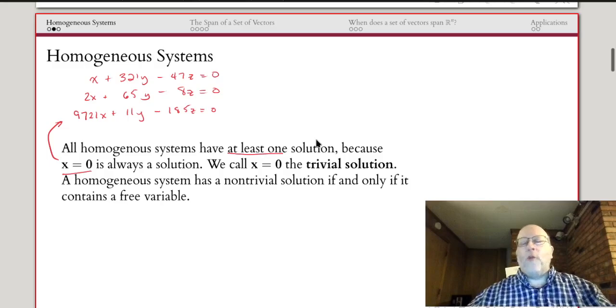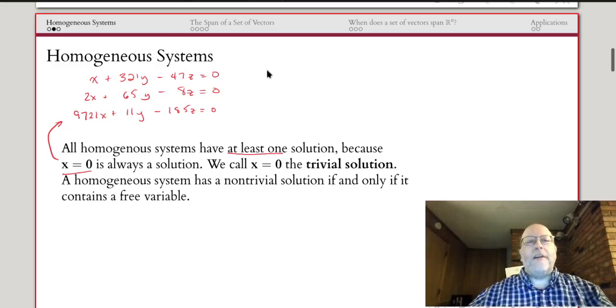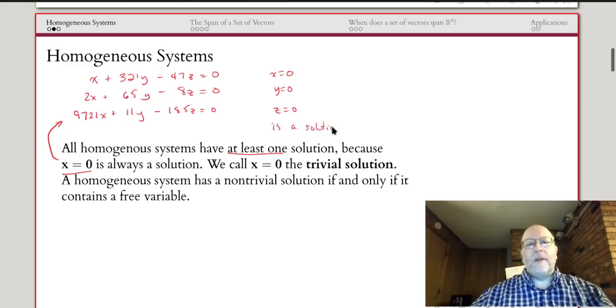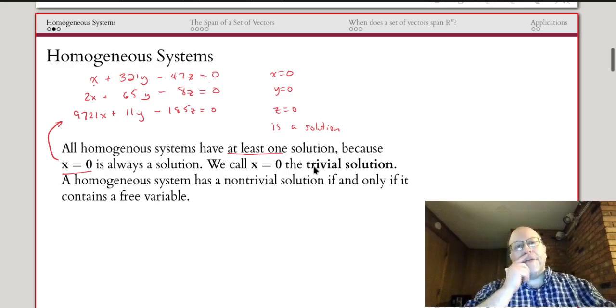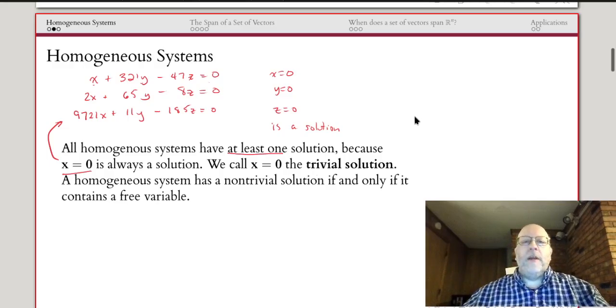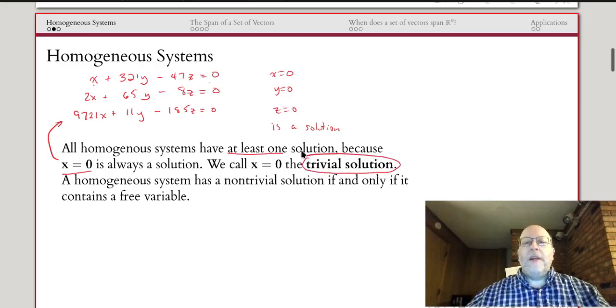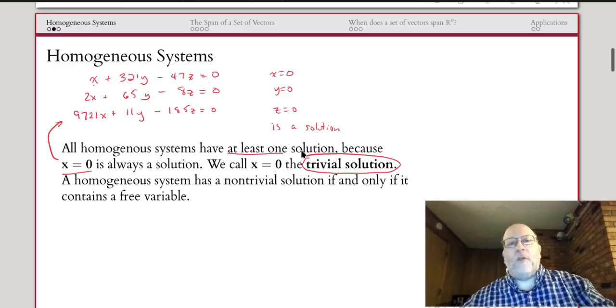I don't have to row reduce this to know for a fact that x equals 0, y equals 0, and z equals 0 is a solution, because 0 plus 0 plus 0 equals 0 in every case. So all homogeneous systems have a solution, and we call that solution the trivial solution because, well, it's trivial. We don't have to do any work to find it. I can just look at the system and say, oh, it's homogeneous, I know 0, 0, 0 works.